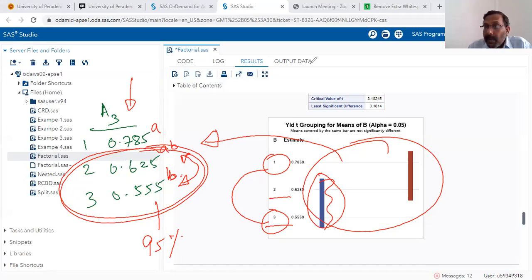So 95% sure, right? No difference between these two. So the second and third memory are performing better than the first memory for program 3. So likewise, this is how we interpret. So the value itself is not enough. That is why we are using statistics.